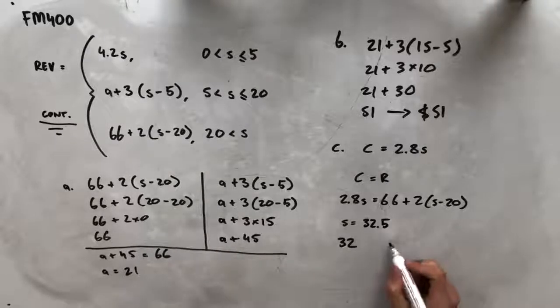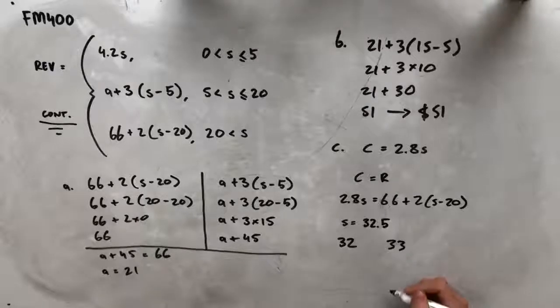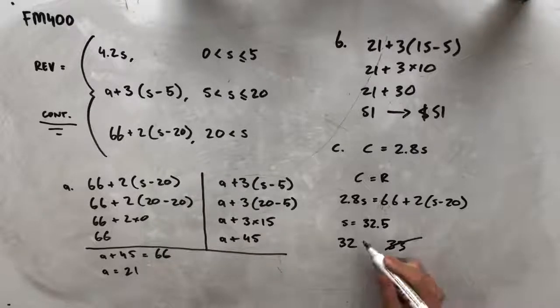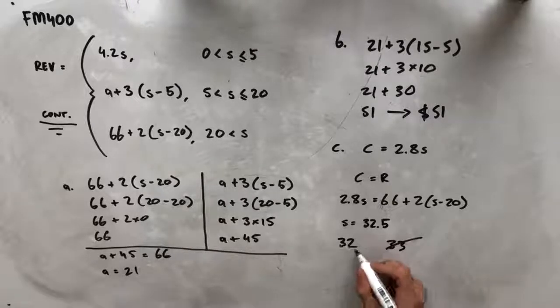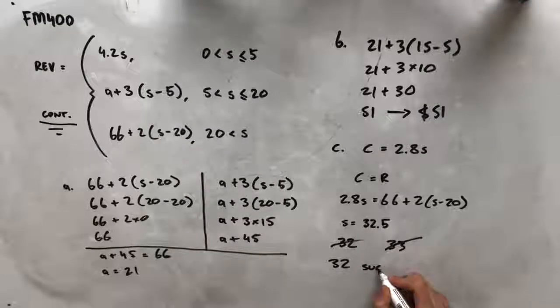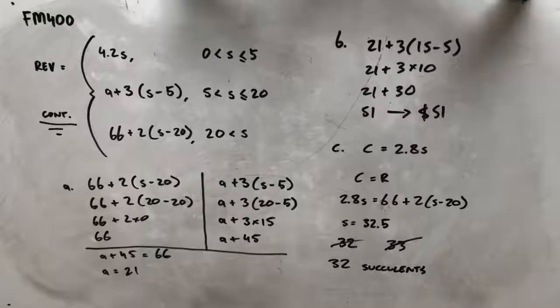However, at 33 succulents Jeremiah would be making a loss, because this is more than 32.5, so he would have stepped over into a loss. So we can't sell 33. The answer is not 32.5, because we can't sell half a succulent. The maximum number of succulents is 32 succulents. And there you have it.